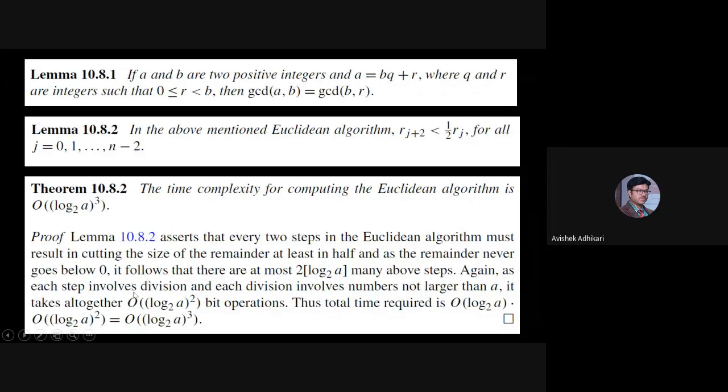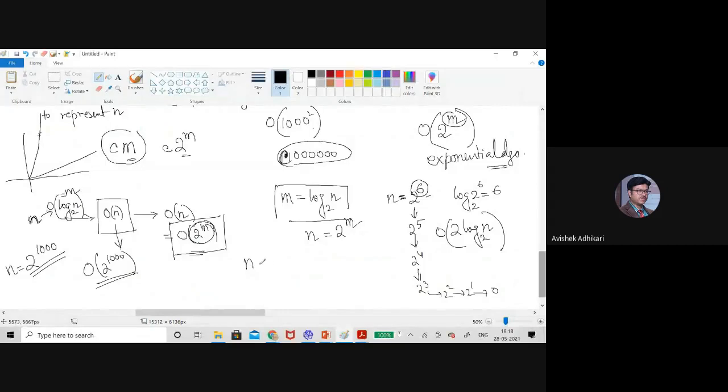So again, as each step involves division and each division involves number not larger than a, it will take another log a whole square bit operation. Just now we have seen that if n is of k bit long and m is say l bit long, for multiplication it should require k into l, and also in division it requires k into l.